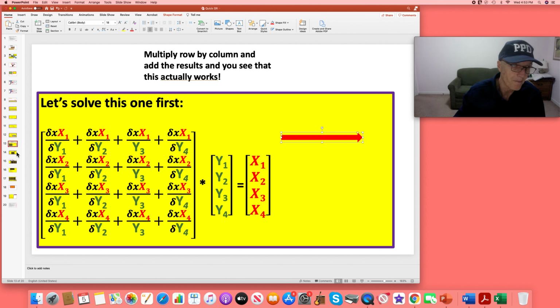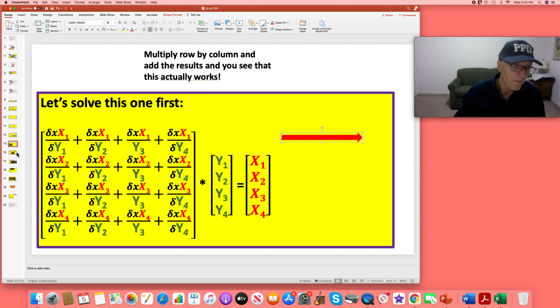All right, now let's solve the second expression, which in this case is the one on the left, okay? So we do the same thing, except now we multiply the y1, y2, y3, y4 row, which is this one, row times column. So there's going to be 4 terms. You take this row and multiply it by the first column, and you get the first term.